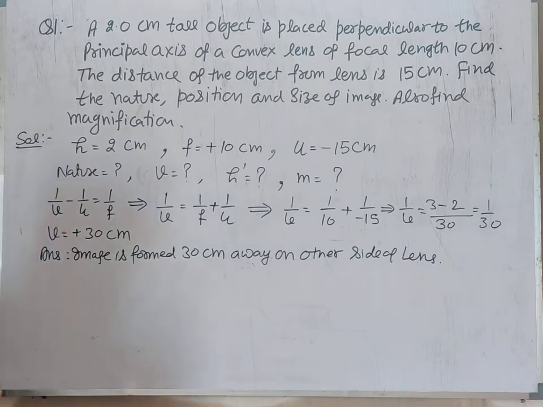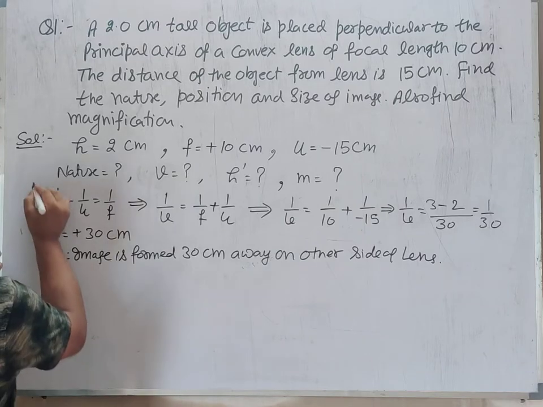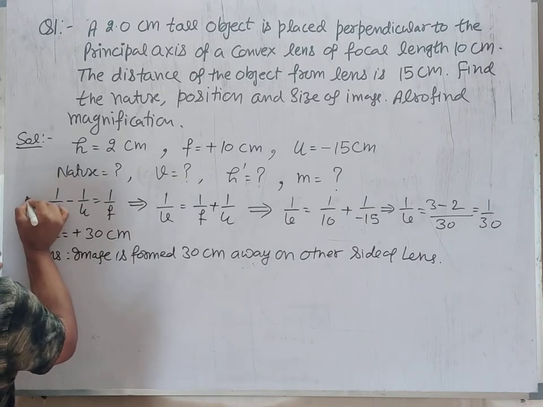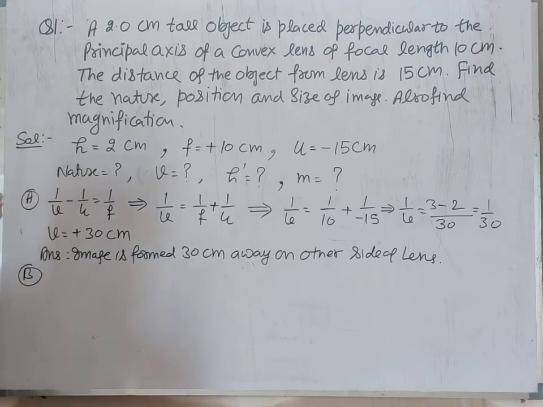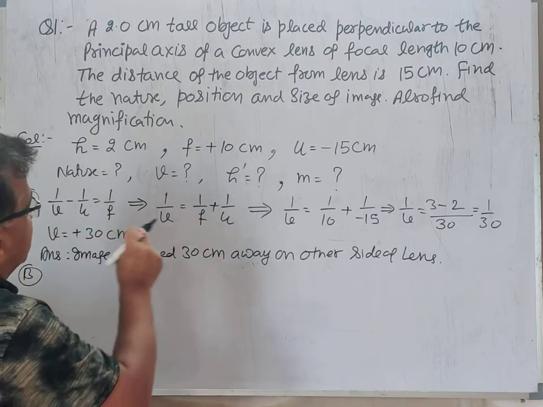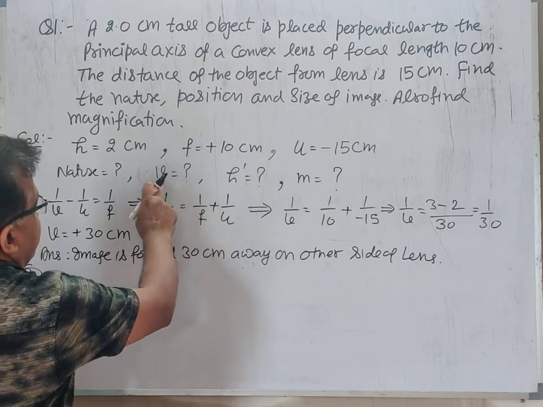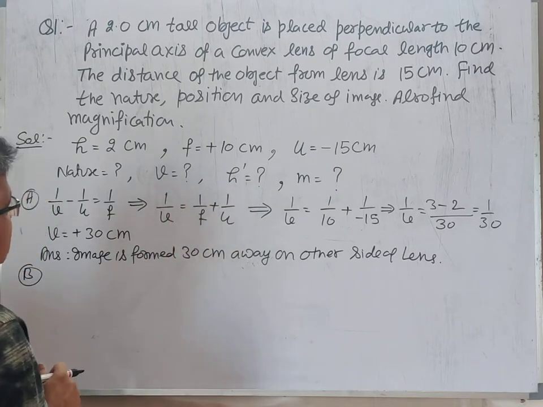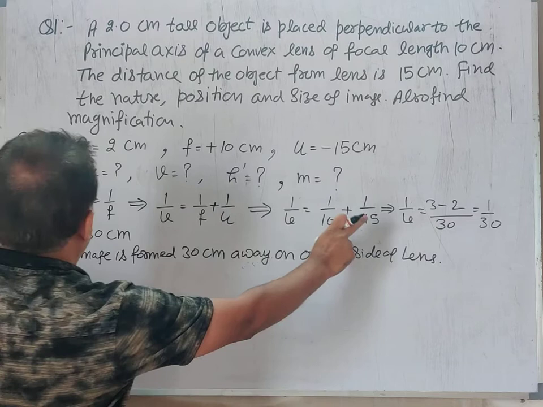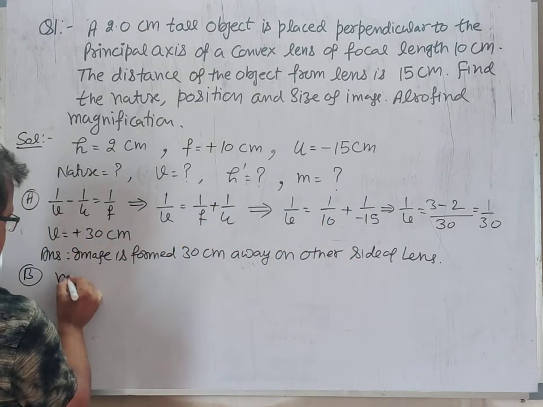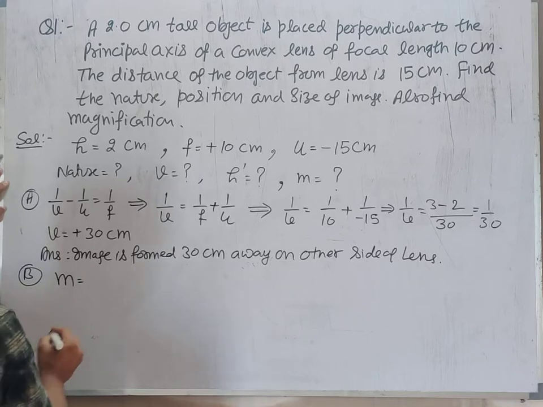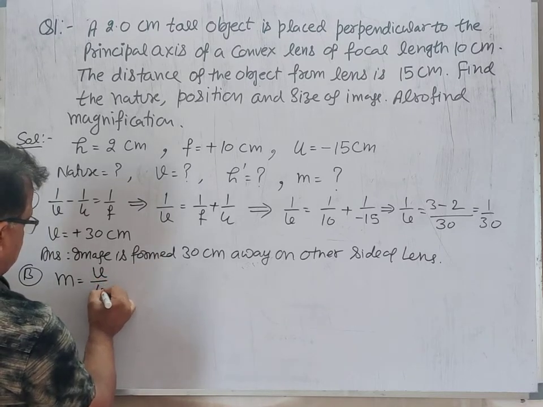So we know that magnification we can find. In the second part, magnification is the ratio of v and u, as well as h dash and h. We have found v and we already have u. So magnification m is equal to v by u.